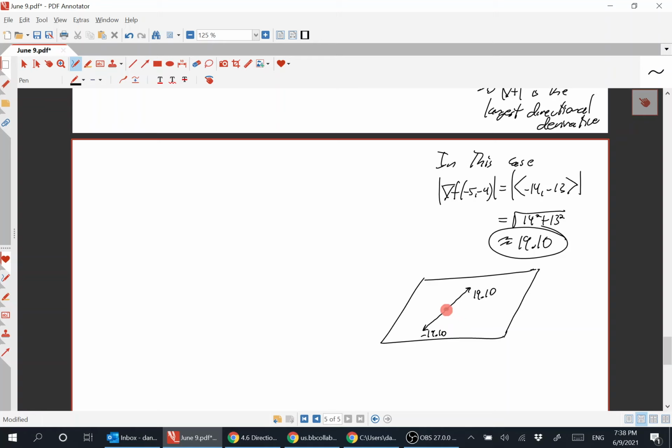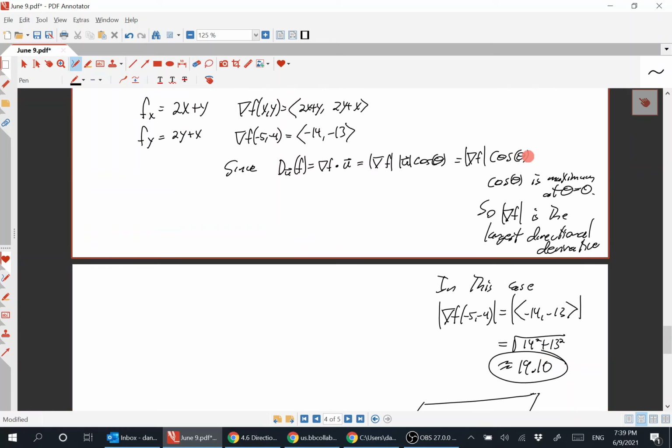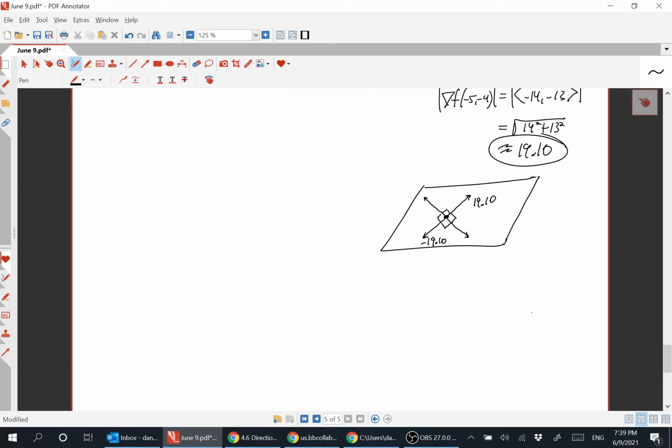What happens when it's perpendicular? What's the directional derivative in the perpendicular direction to the gradient? Well, perpendicular means theta is 90, right? Gradient f dot u, where u is 90 degrees from the gradient. So that gives you a directional derivative of what? Since they're perpendicular, these two vectors.